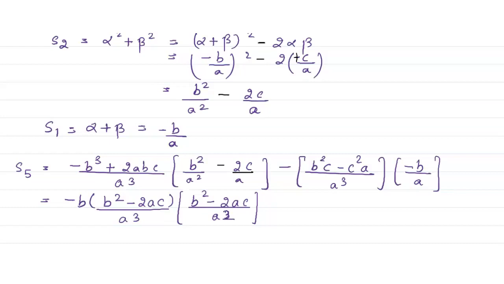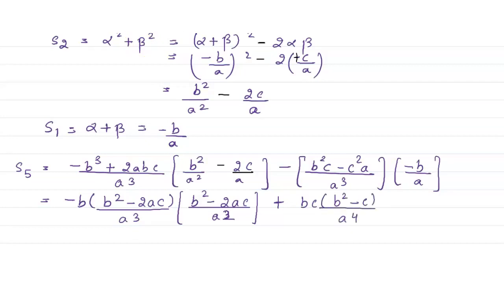Sorry, this is square. Yes, now if I take from here, what I can take c common, so it will become plus bc, b square minus c, divided by a4.